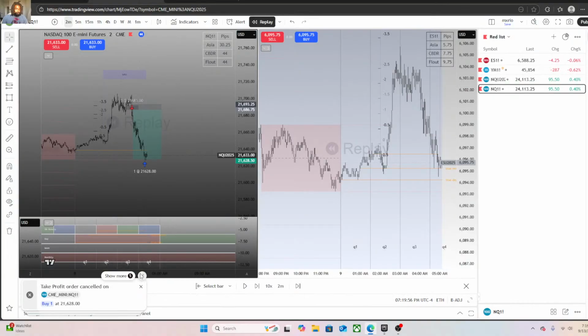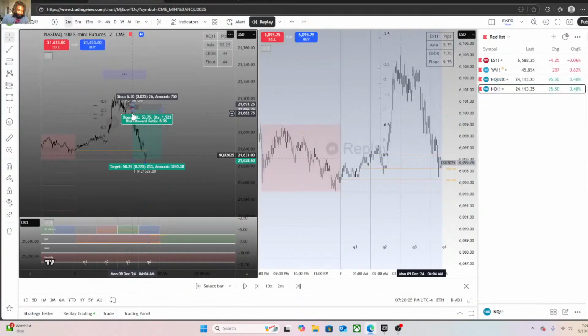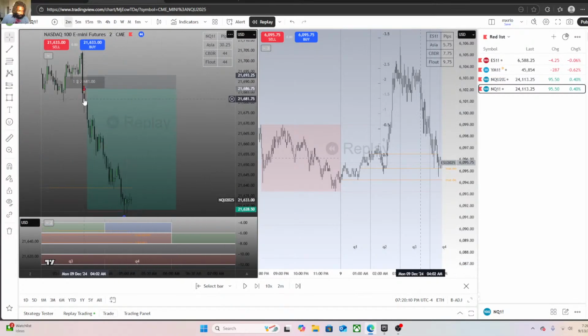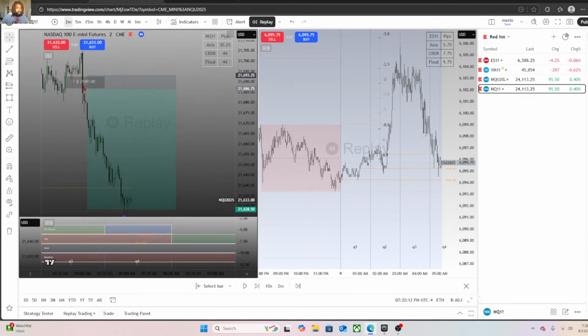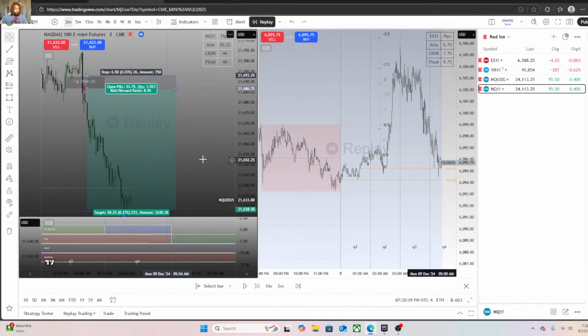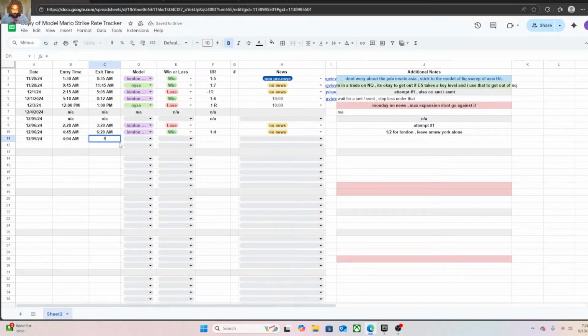This is the 9th, that Monday. So we got 12/09/2024. Entry came, we're going to say that was 4:04 a.m. Trade would have ended while we were asleep, 4:58 a.m. This would be London session.